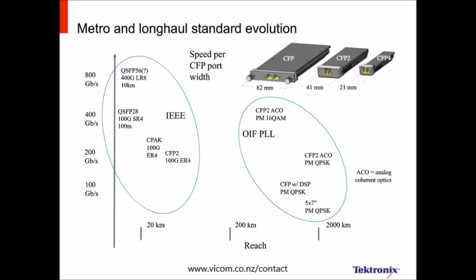So the idea is what's the raw gigabits per second, but how much can you jam into the width of a CFP port. This is taken from the CFP MSA document, and the CFP module itself is 82 millimeters. So what this slide is trying to show you is, what can we jam into that 82 millimeters?